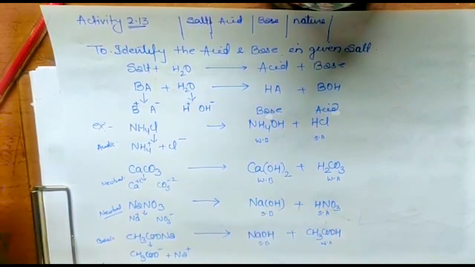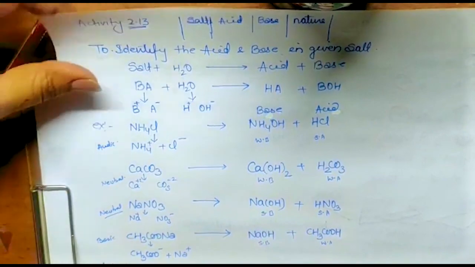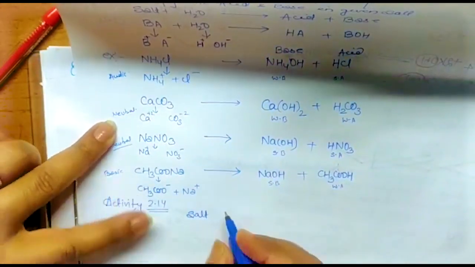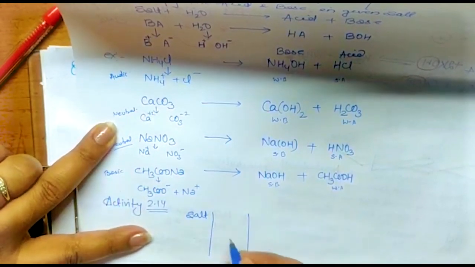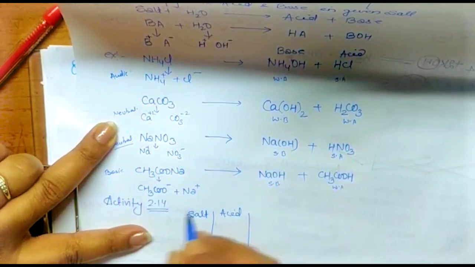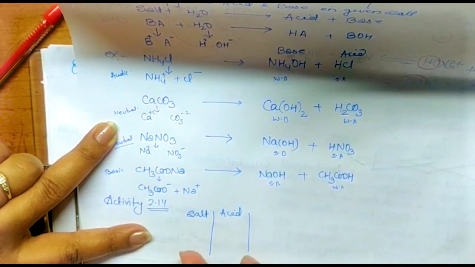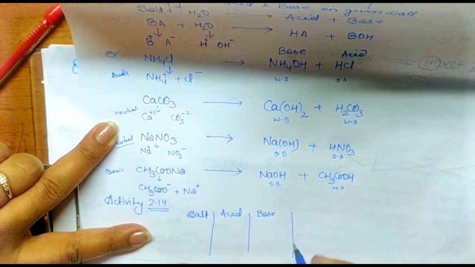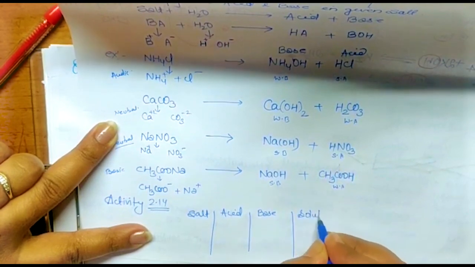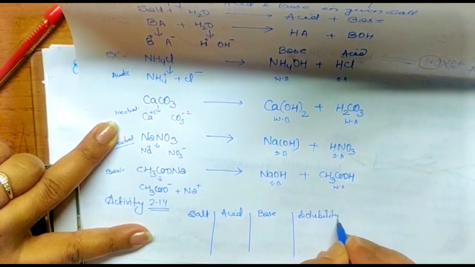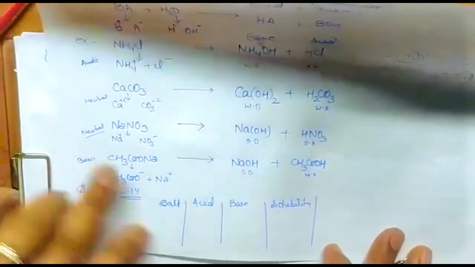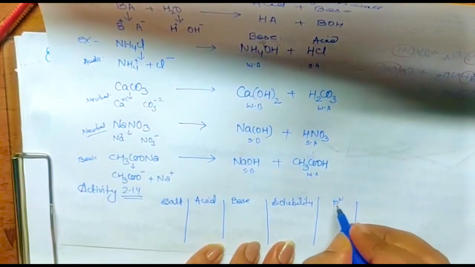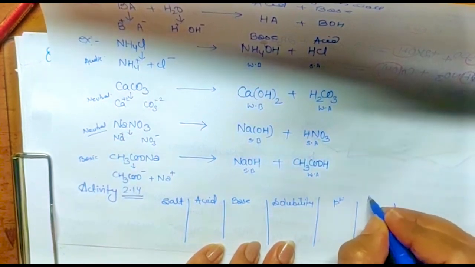So done. What will you do? For activity 2.14, you will write the salt. Although it is not given in that activity, you will find what acid is present in it and what base is present in it. For solubility, you will make the table but leave it; I will explain it afterwards. Then you will write the pH over here, and then the acidic nature.